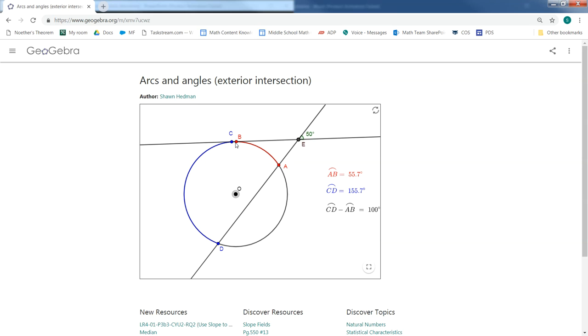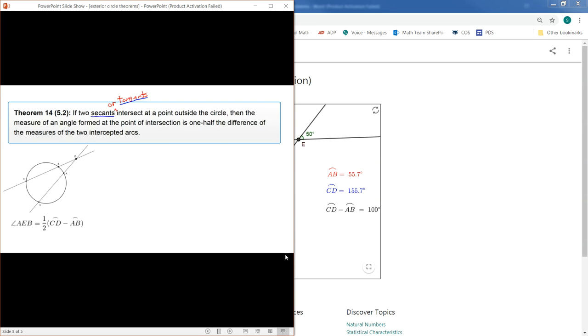Even if C and B are very close to each other, the measure of the larger arc CD minus the measure of the smaller arc AB is going to be twice the measure of the angle of intersection. In this case, it's going to be 100 degrees, no matter where I put these, including if I put C and B right on top of one another so that they coincide. In that case, this will be a tangent line at that point, but the same fact remains true. So whether it's a secant or a tangent, this is a true fact.